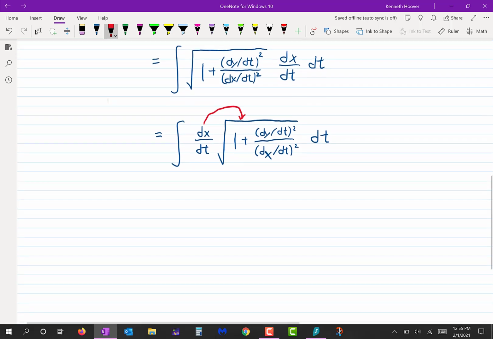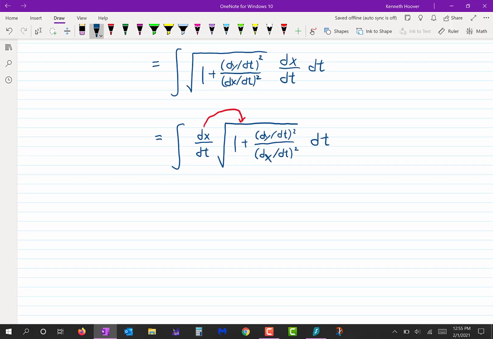When you do that, it's like passing through a portal. Let's write that red arrow like this. When the dx/dt passes into the square root, is it still going to be dx/dt?